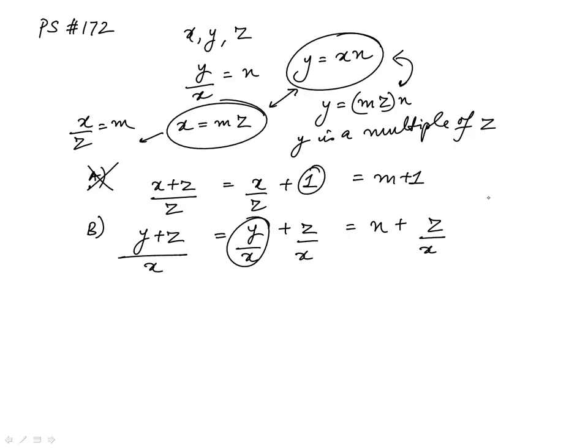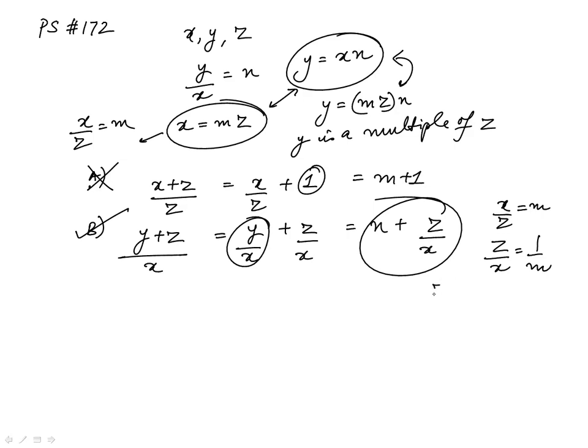I mean, for example, because we know that x is a multiple of z, but z over x is 1 over m. So choice B is the correct answer, because that doesn't have to be an integer. For example, if z is 3 and x is 12, then this won't hold true. So the correct answer is B, but we'll look at the other choices as well.